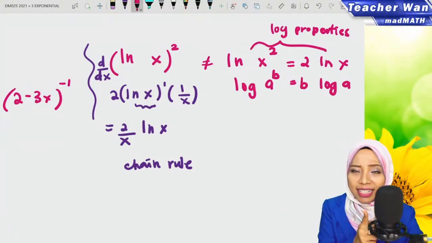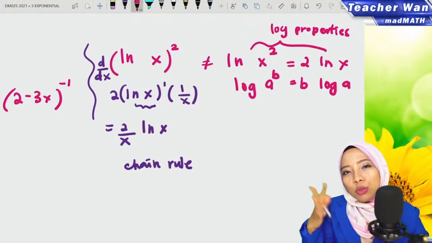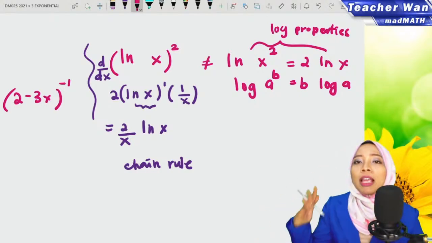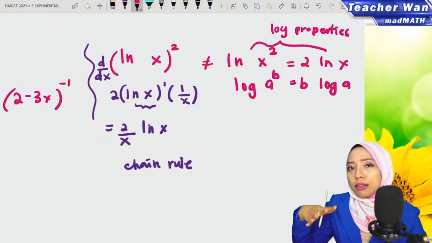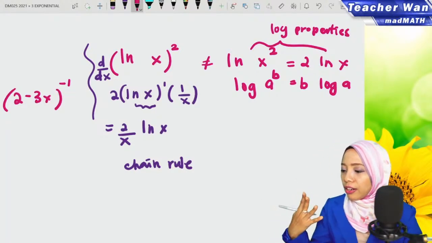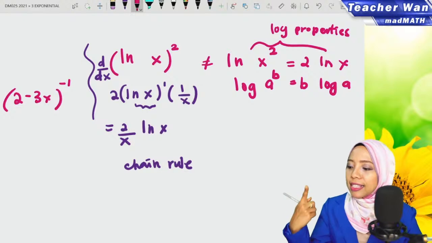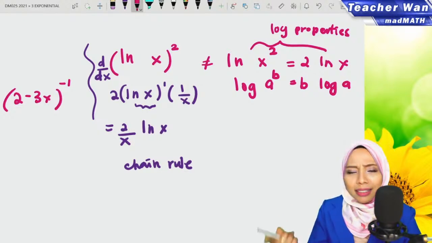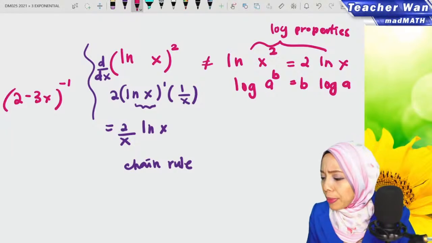So hati-hati guys. Because I find some of the students very confused when to use chain rule for log function and when are they supposed to use this, what do you call that? Log properties, okay?